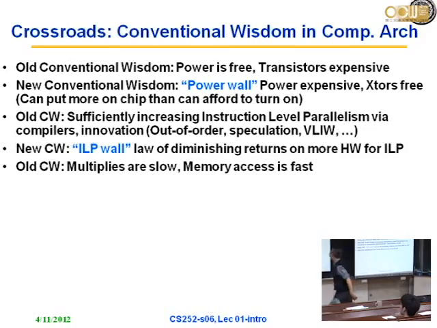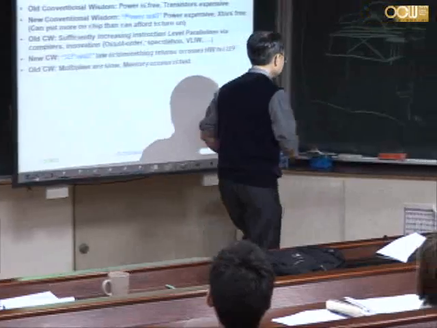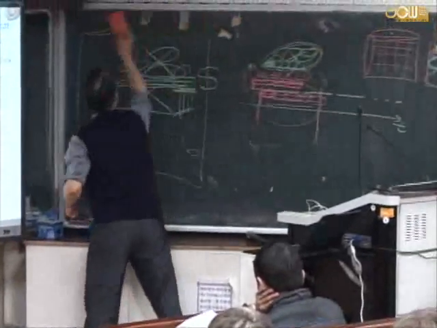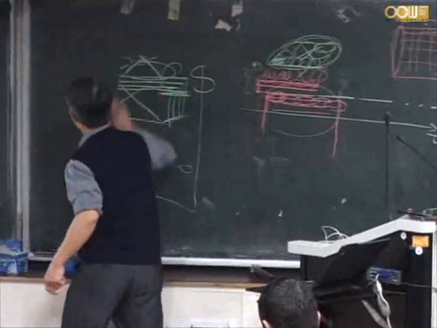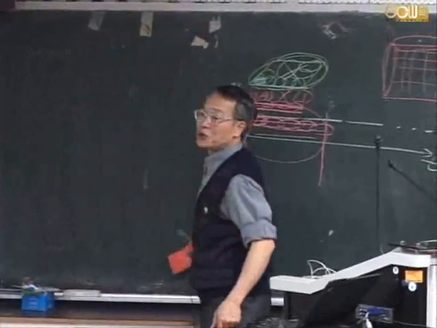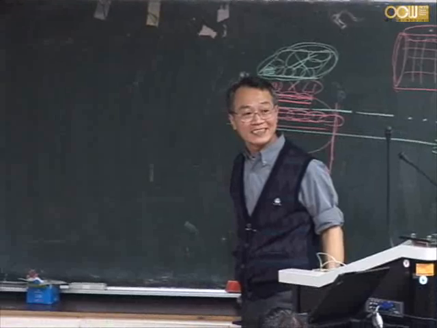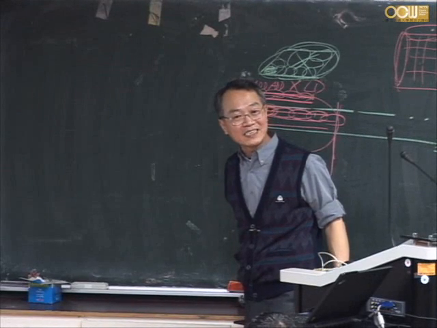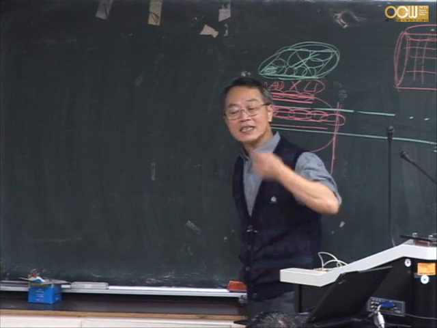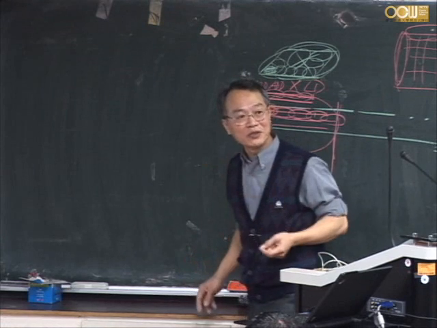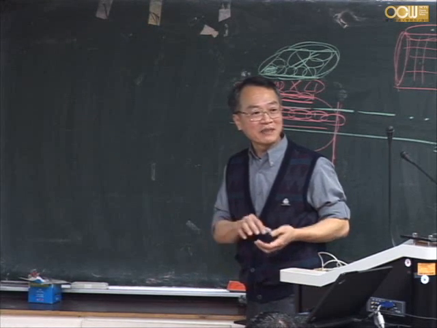Let me tell you the reason directly. Remember I mentioned trillions of transistors. Do you know how many transistors we had in the first single-chip computer? We call that a microprocessor.